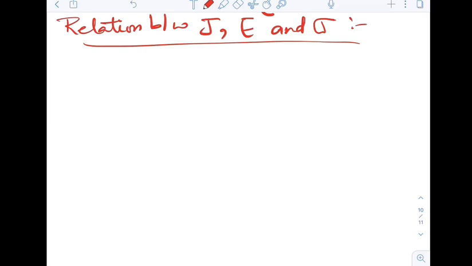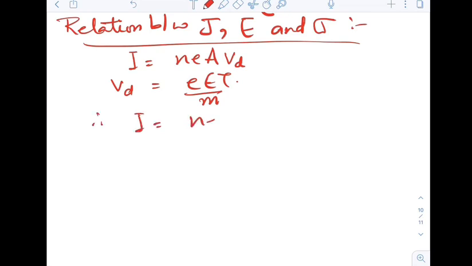So for this, we start from I is equal to N e A Vd and put Vd is equal to E tau by m. So therefore we get I is equal to N e A into E tau by m. Now just see that we have got E now. One thing, we need J and sigma.